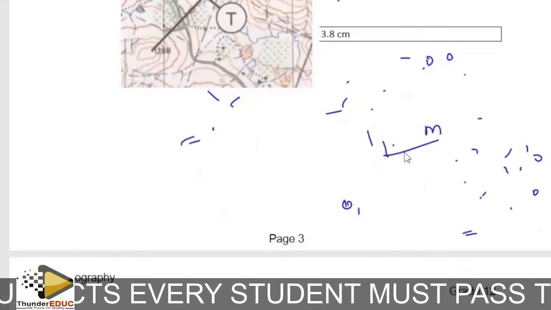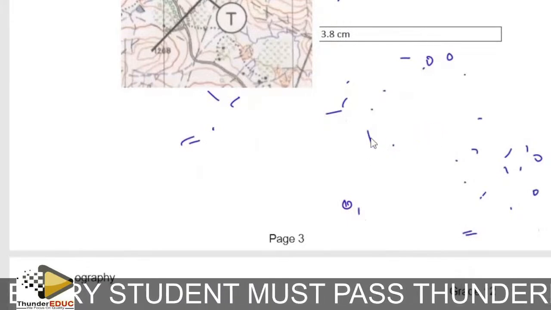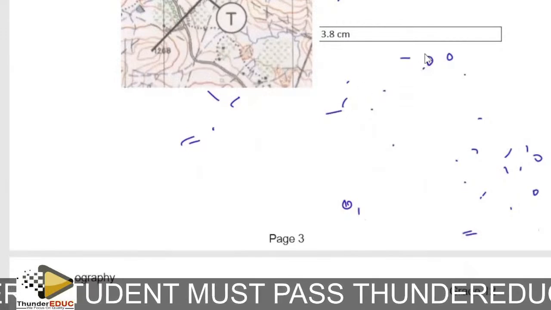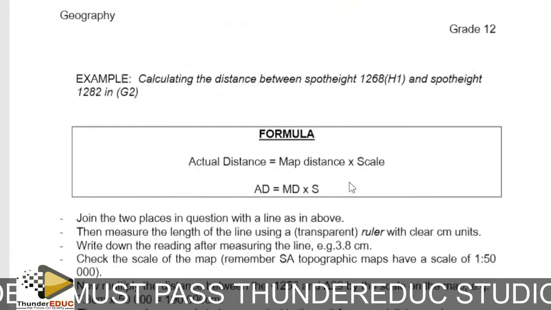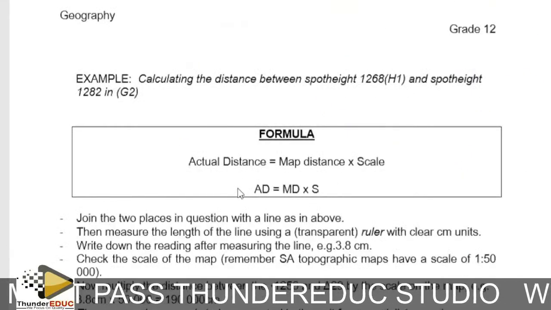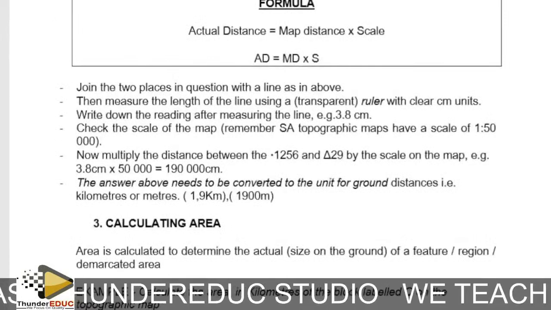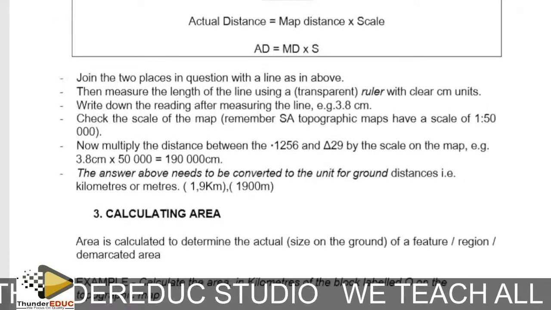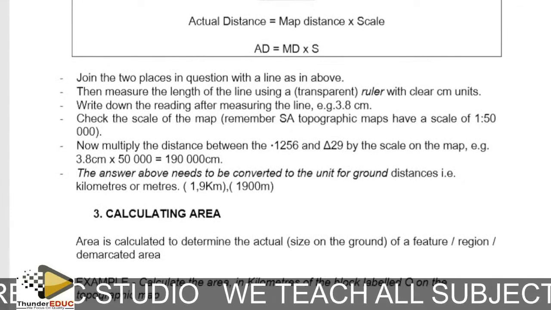So I don't expect my learners who are now going through this lesson to still fail map work, most especially these simple things. So we are done with the distance, whether actual distance, straight line distance, or curved distance. That is exactly what can be asked.